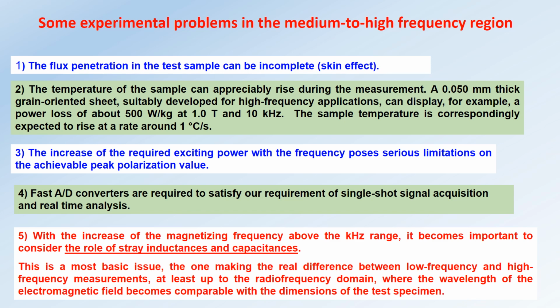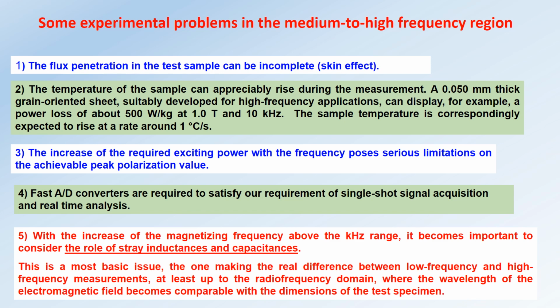A 0.05 mm thick grain-oriented sheet suitably developed for high-frequency applications can display, for example, a power loss of about 500 Watt per kilo at 1 Tesla and 10 kHz. The sample temperature is correspondingly expected to rise at a rate around 1 degree per second.